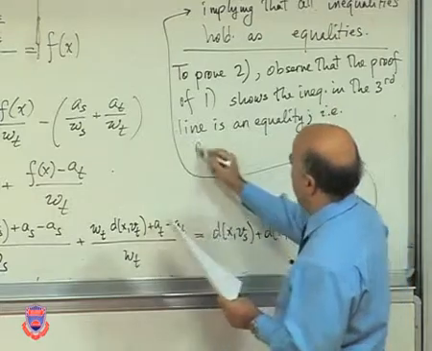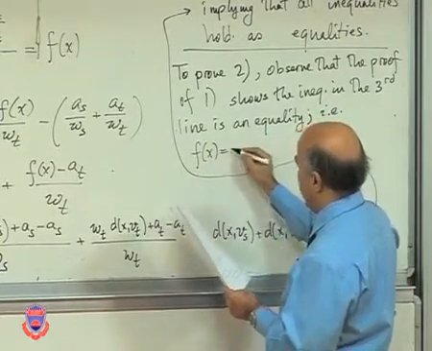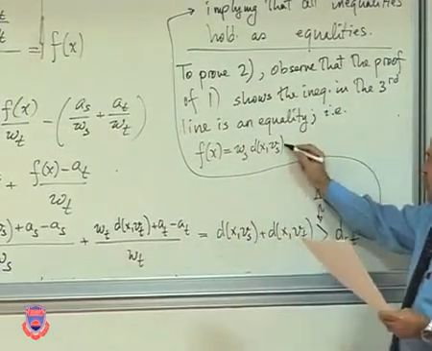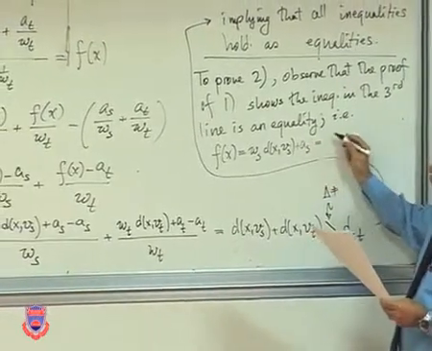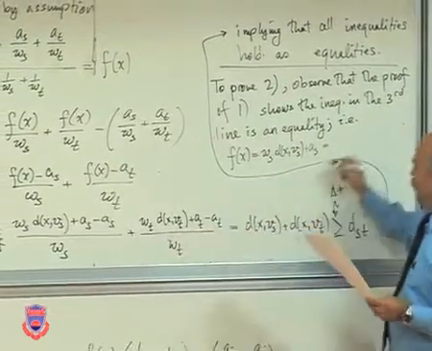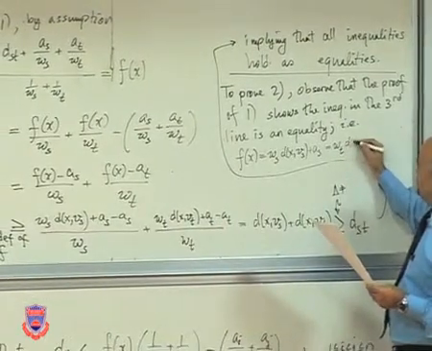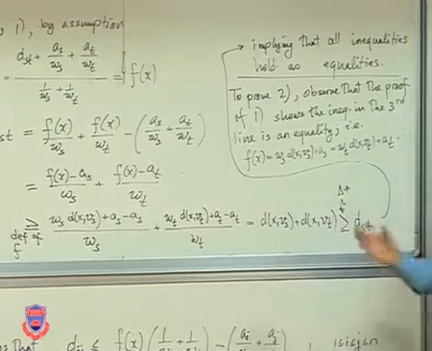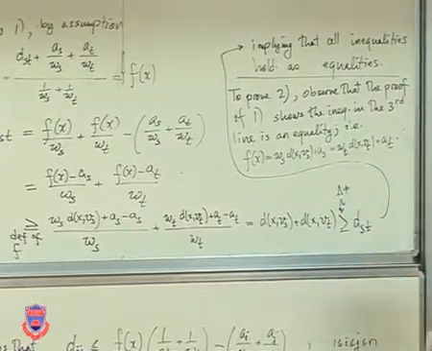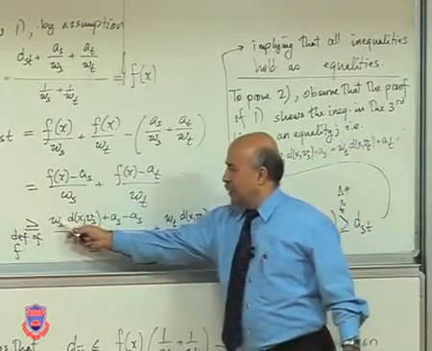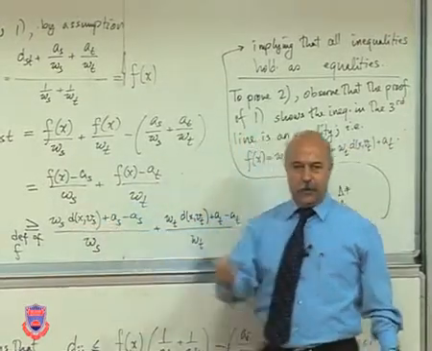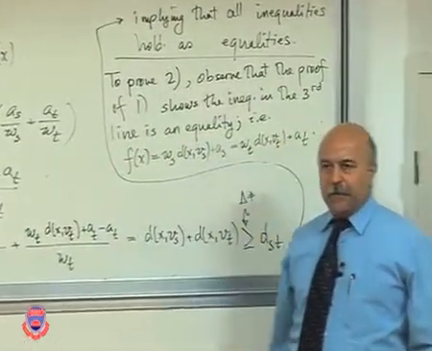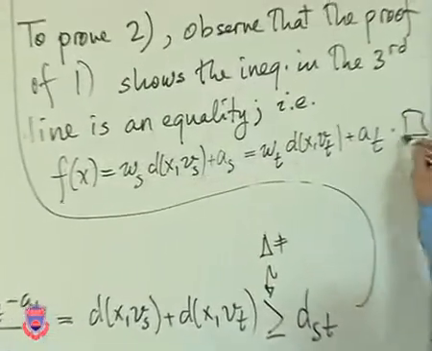Meaning that f of x is actually equal to ws dx vs plus as, which is the same again. This one also holds, wt dx vt plus at. Does everybody see that? That inequality holds as an equation, which means that f of x is actually not bigger than what you wrote here, but it's actually equal to it, as well as this. Okay? That's it.